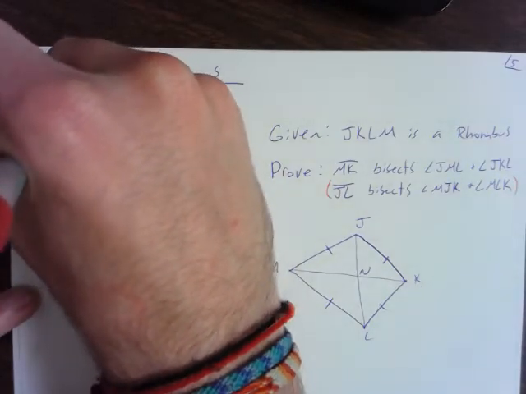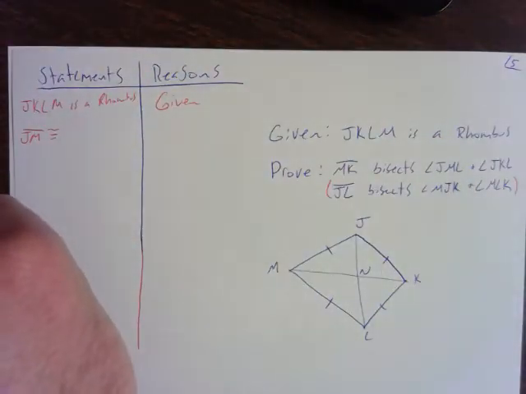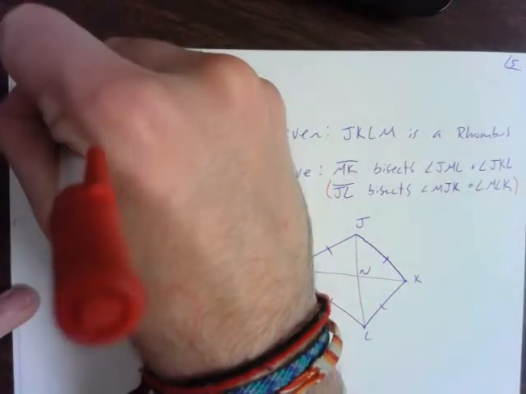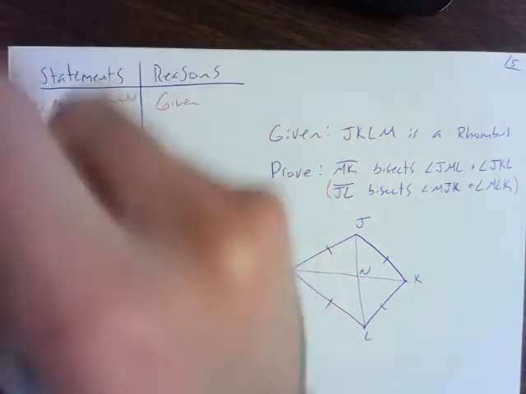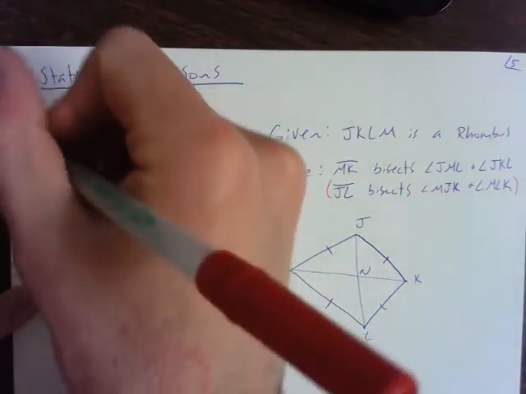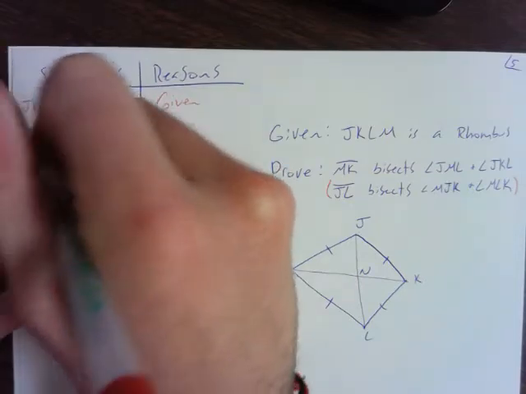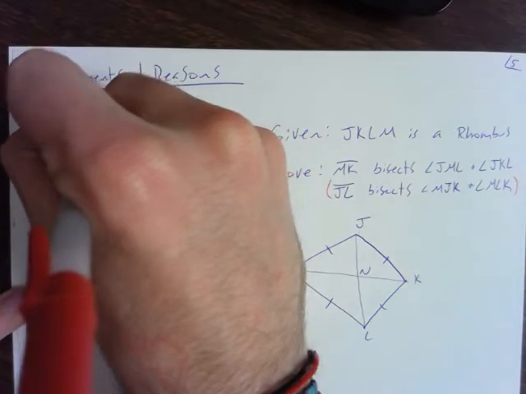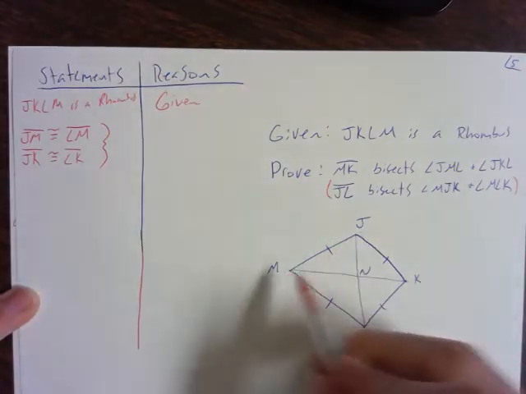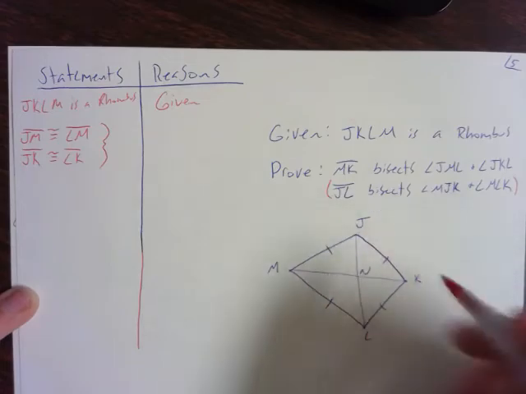So I'll say that line segment JM is congruent to line segment LM. And I'm going to group it with line segment JK is congruent to line segment LK. So I have JM and LM, so these two, and JK and LK.